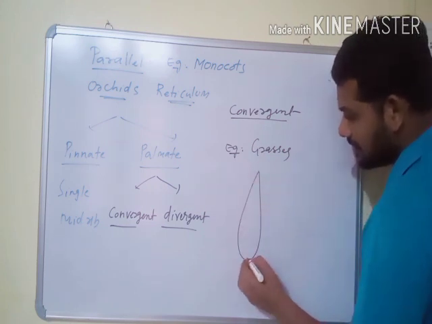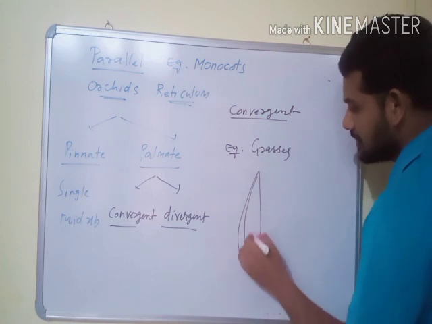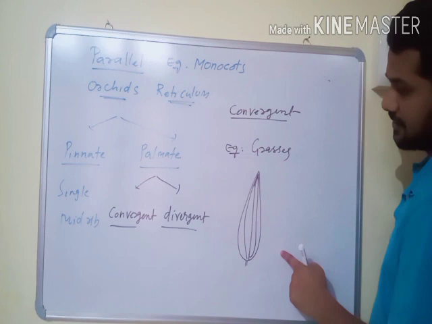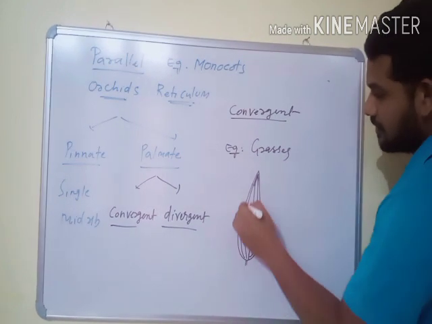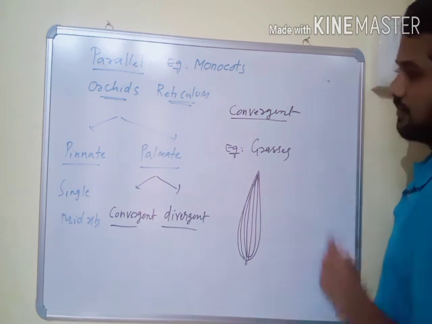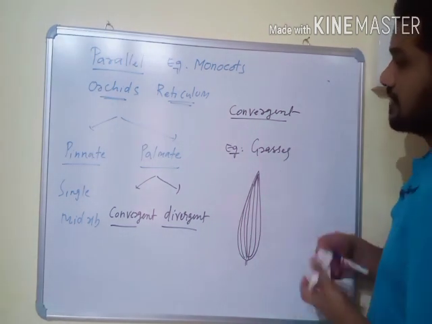This is the lamina. It possesses many midribs, and all midribs are fused at apex. They run parallel to each other. So reticulum or network is absent. Example, grasses. And second one is divergent.